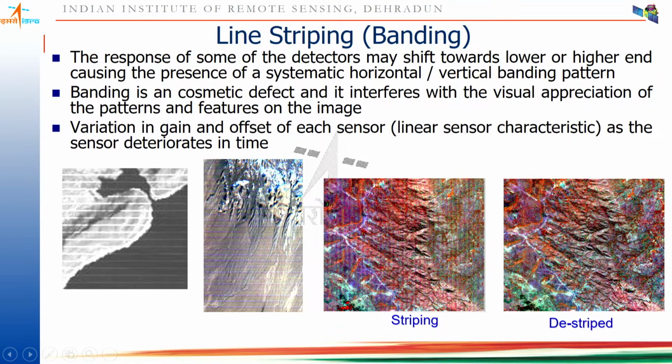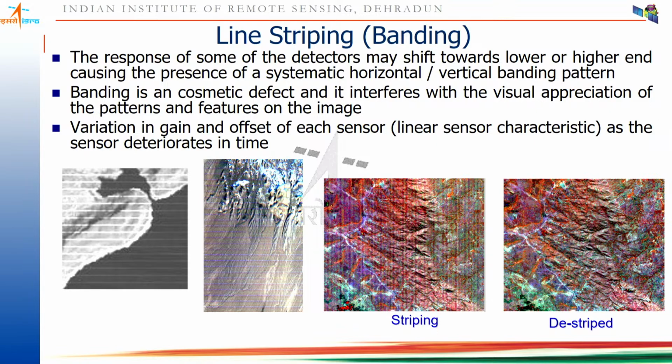So what is the correction method? A sensor has a number of detectors. Look for the detector which has not deteriorated over time, which is giving a perfect result, and you can do histogram matching. That means you can match the histogram of a faulty detector to that of the correct detector and remove this banding pattern.